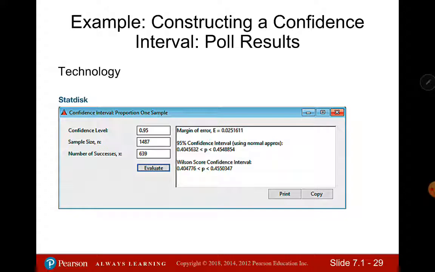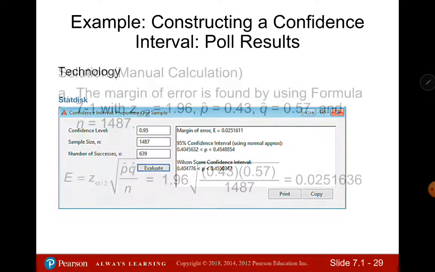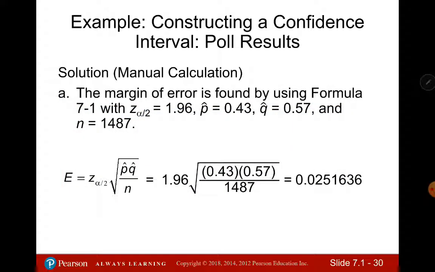It's just the binomial distribution and all of the requirements are satisfied. The first several slides show you how to get the answer by using technology. But in our class, we will focus on using the tables to help us find the answer.